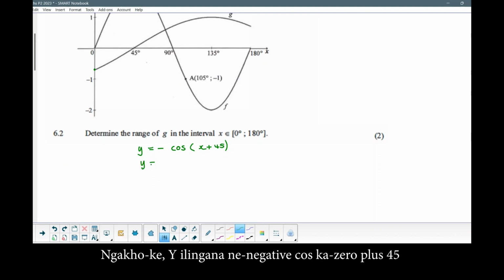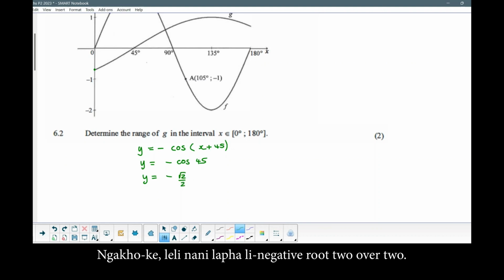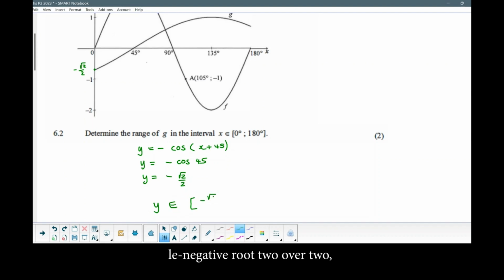So y is equal to negative cos of (0 plus 45), and that will be negative root 2 over 2. So your range has a smallest value of negative root 2 over 2 and a maximum value of 1.